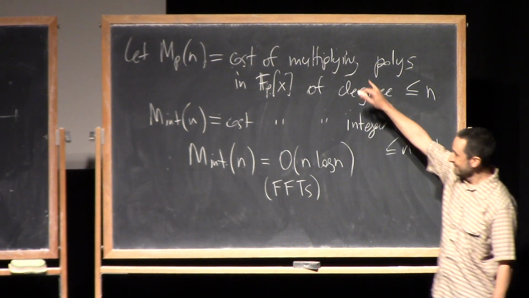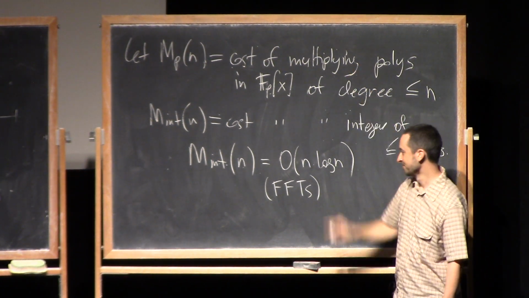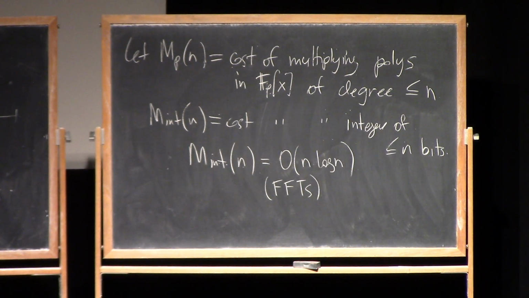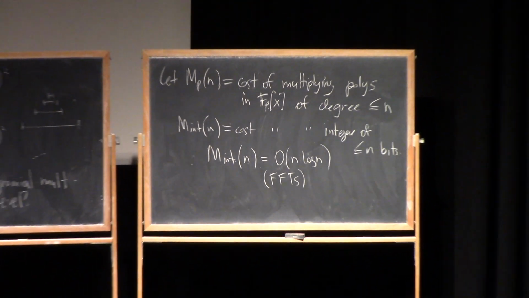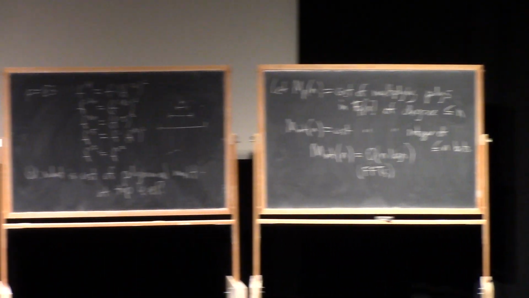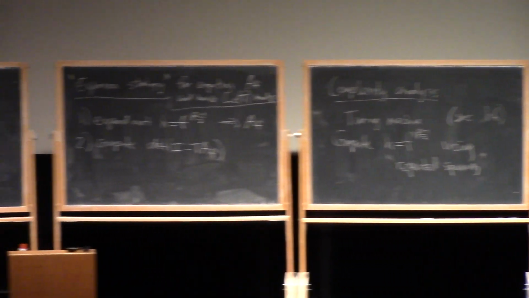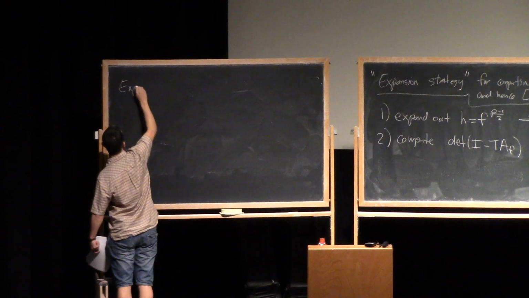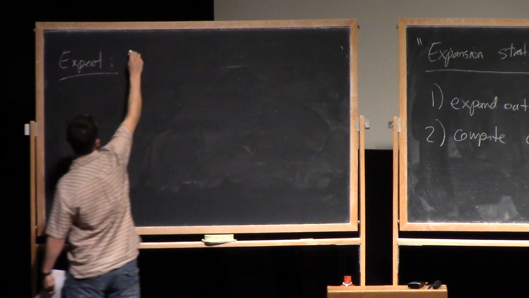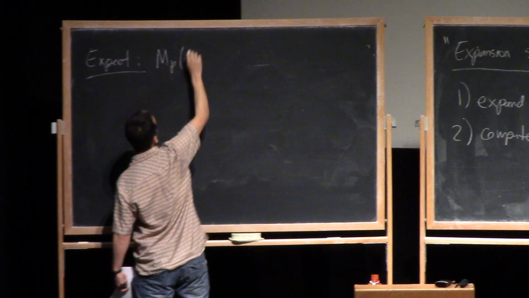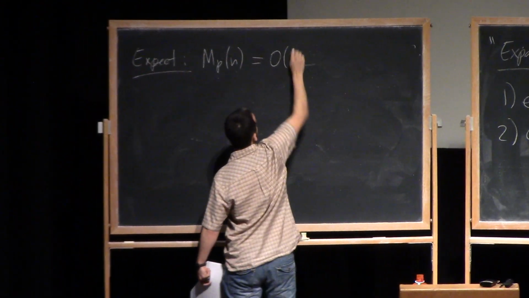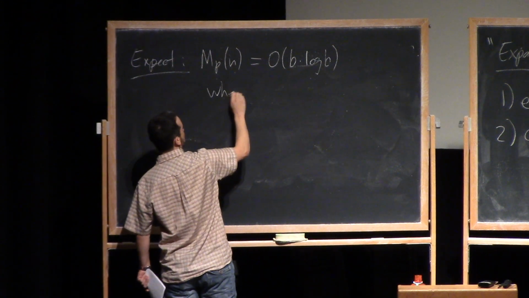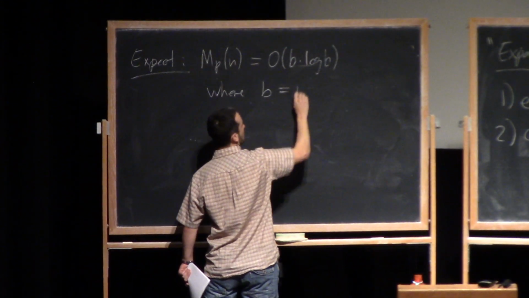Now, what about this guy? What do we know about this? And here's where things get very annoying. So I'll tell you first of all what we expect to be true, which we cannot quite prove yet. We expect that M_p(n) is O(B log B), where B is the bit size of the polynomials.